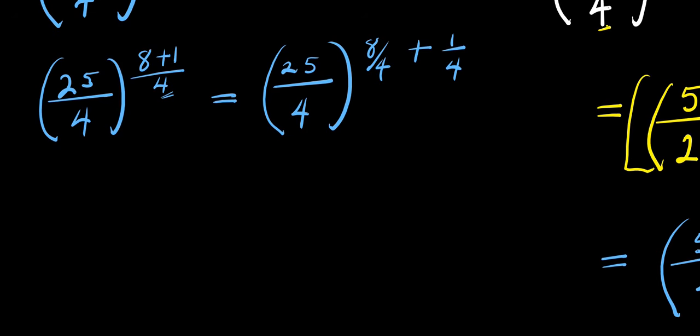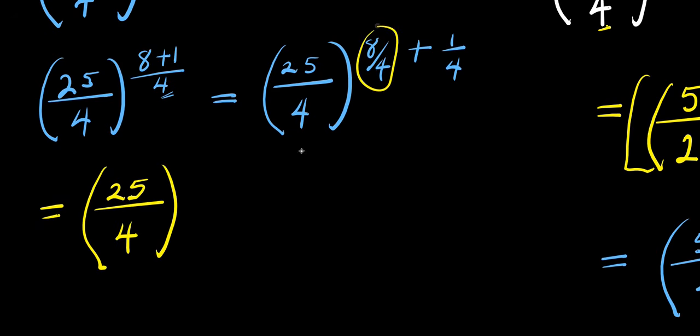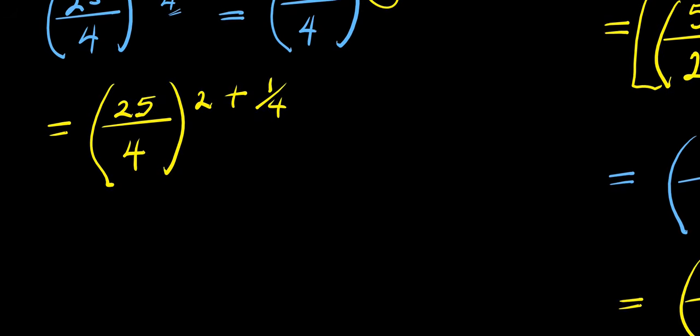So from here, this will give us 25 divided by 4 raised to the power of 8 divided by 4 is 2 plus 1 over 4. So right now, I consider this identity again.